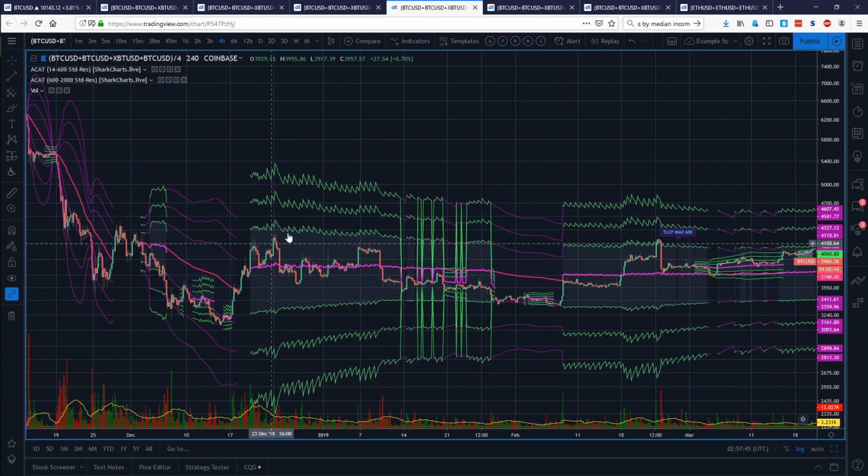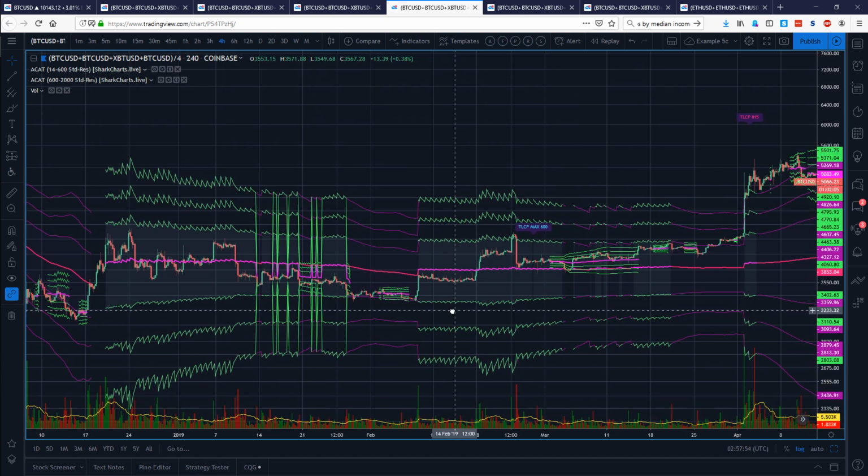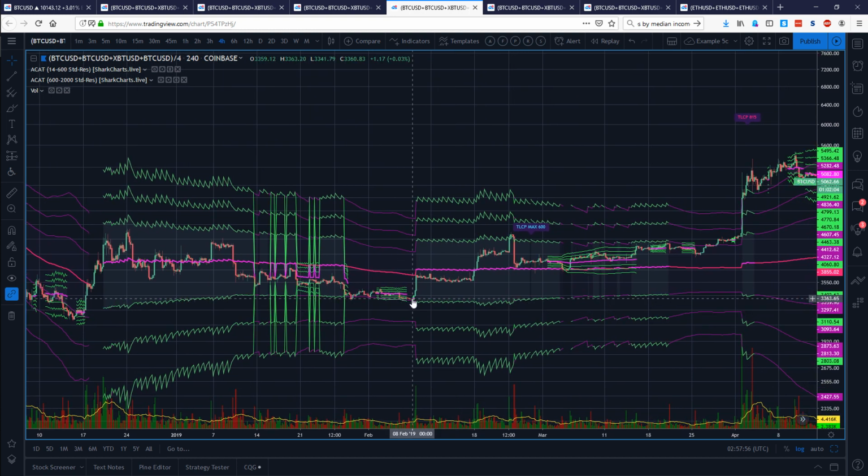Eventually, we come from one side of the compression range all the way to the other. In this case, we didn't test deeper levels, but we did eventually have a volatility pop from the 3300s back to the midline, which got us compressed again on some of these period lengths.